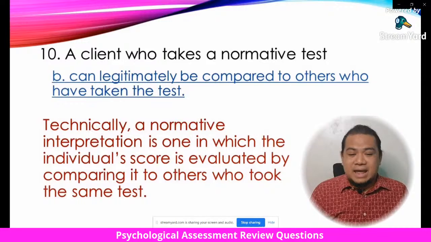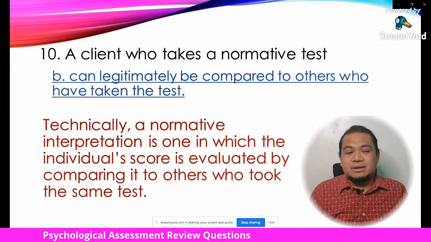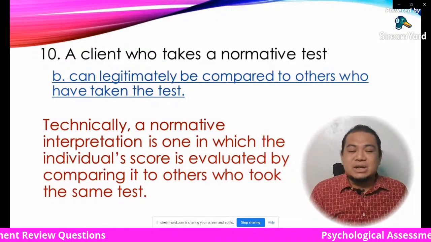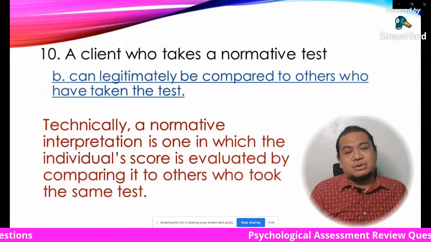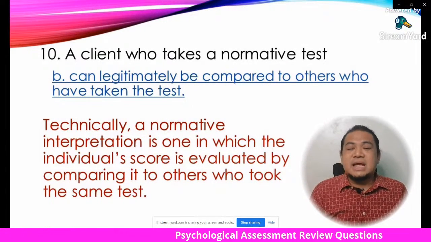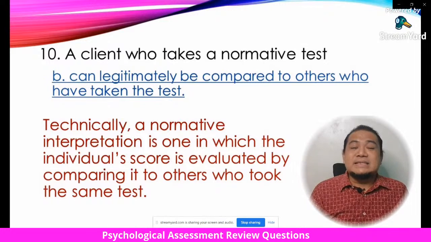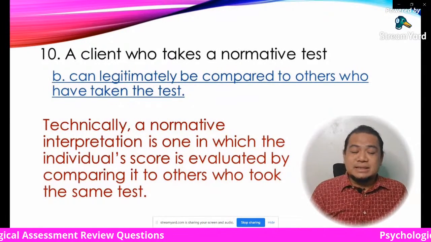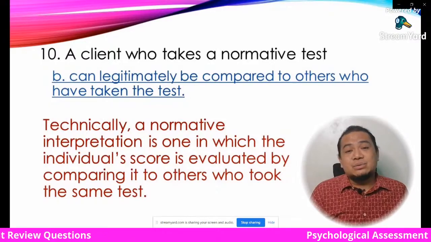A percentile rank is an excellent example. Say your client scored an 82 on a nationally normed test, and this score corresponds to a percentile rank of 60. This tells you that 60% of the individuals who took the test scored 82 or less.